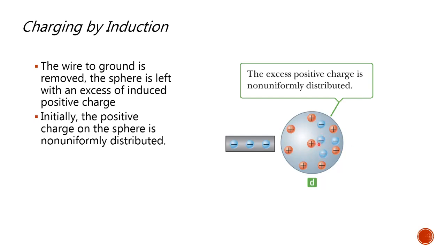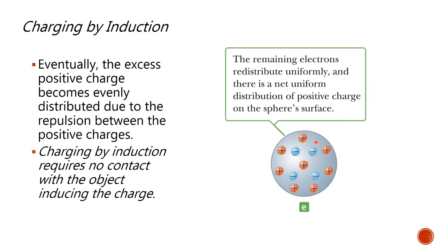So the positive charge is induced. Eventually, the excess positive charge becomes evenly distributed due to the repulsion between the positive charges. Since there are many positive charges here compared to the negative charges, there will be more repulsion than attraction. So charging by induction requires no contact with the object inducing the charge.